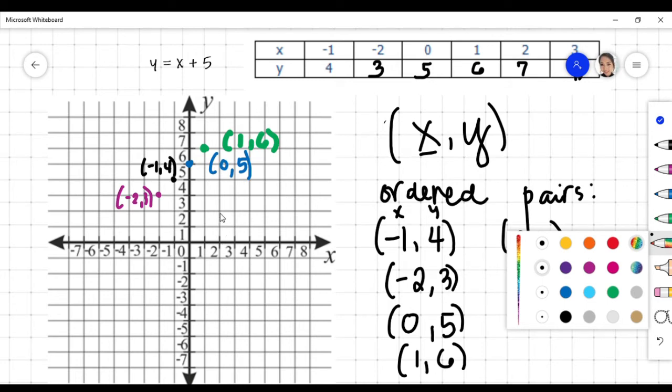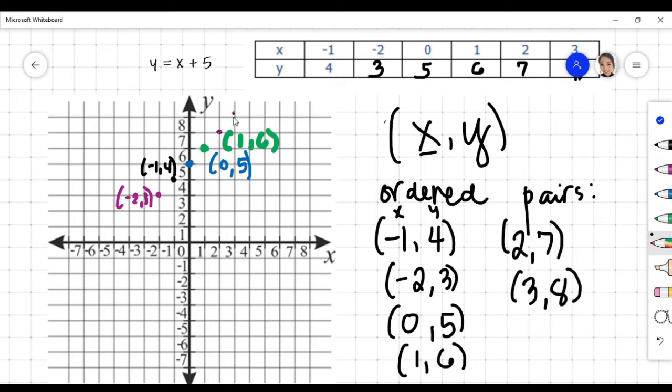Then 1, 2, 3, 4, 5, 6, 7. So this is our 2, 7. And last, we have 3, 8. So here's our 3. Then 1, 2, 3, 4, 5, 6, 7, 8. So this is our 3, 8.